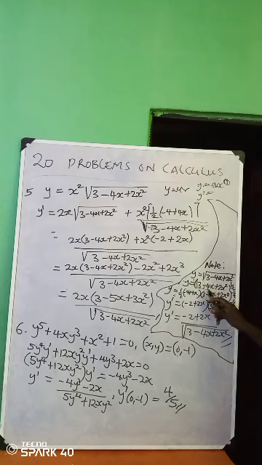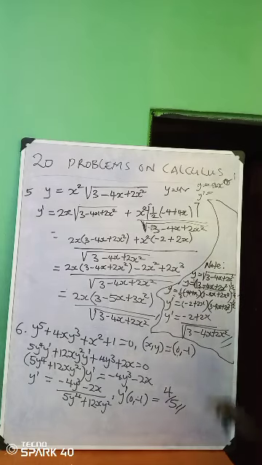I will differentiate the function given to me, which is 3 minus 4x plus 2x squared, where 3 is constant, giving 0, minus 4x gives me minus 4, and 2x squared gives me plus 4x. Of course, then remember, after the power, minus 1, so I will reduce my half by 1. So half minus 1, of course, will give me minus half. So what I'm having there is simply all that raised to minus half.